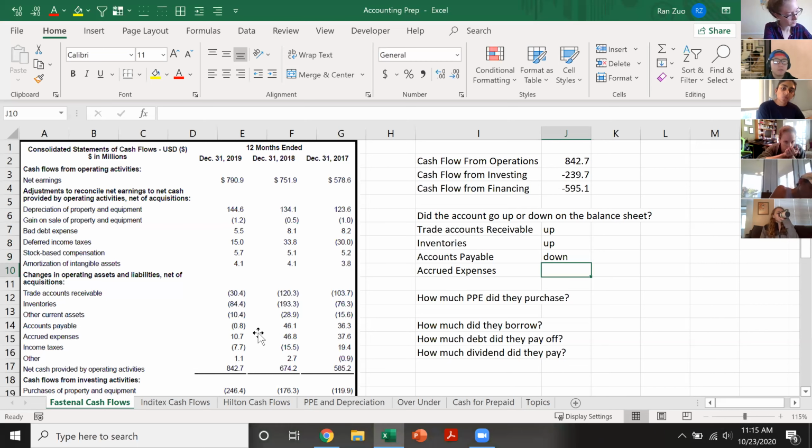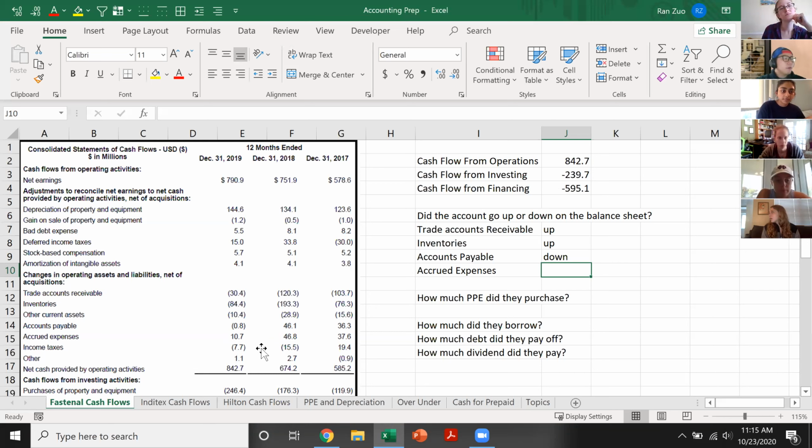And accrued expenses. A cash inflow of 10.7. What does that mean happened to the accrued expenses account on the balance sheet? It also went up.